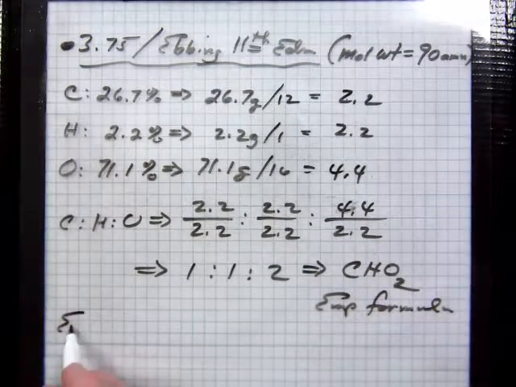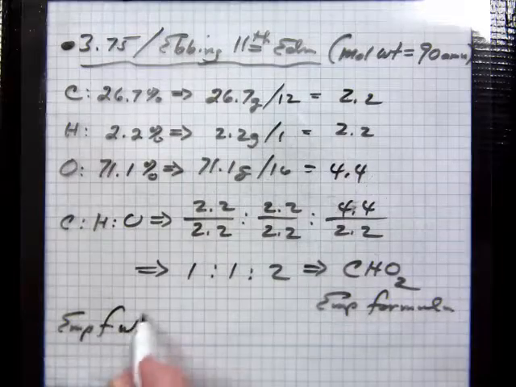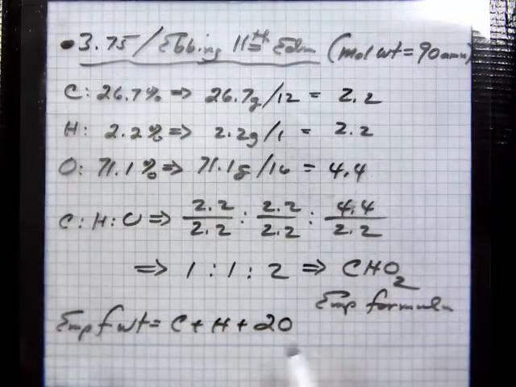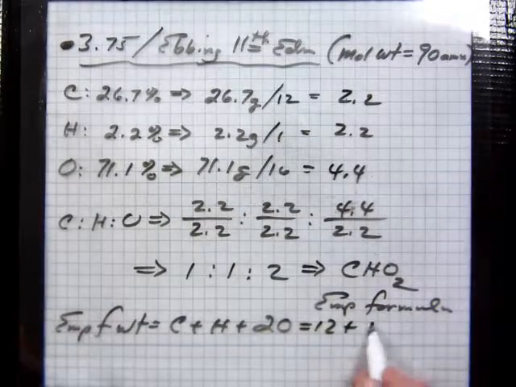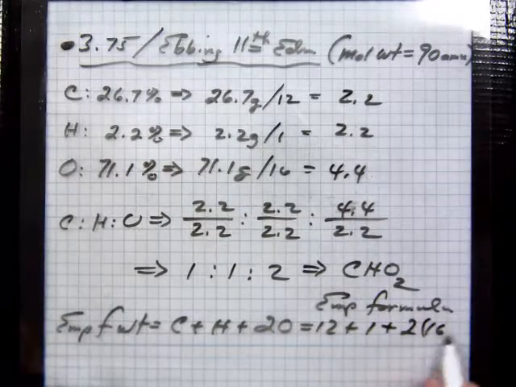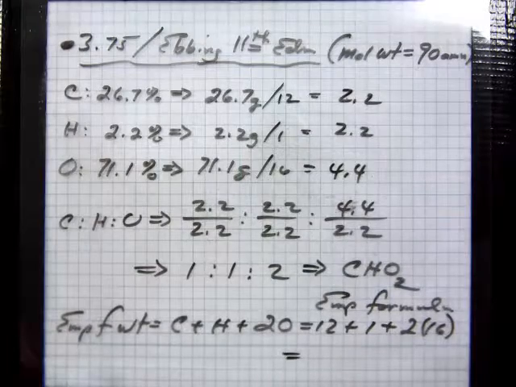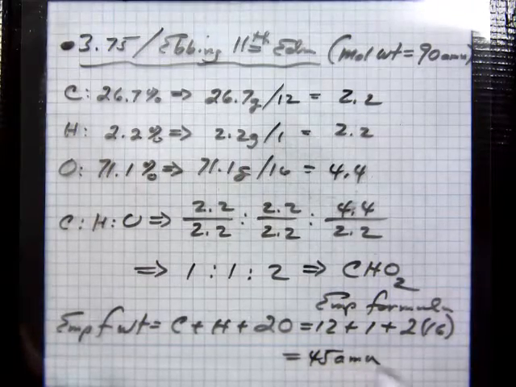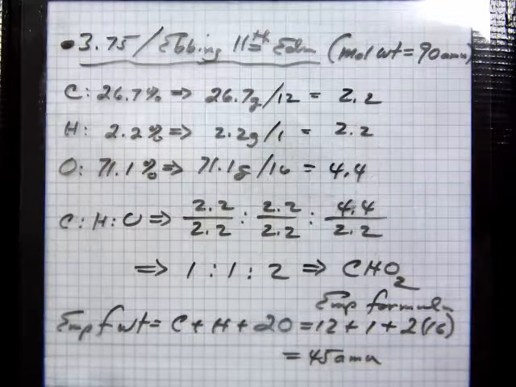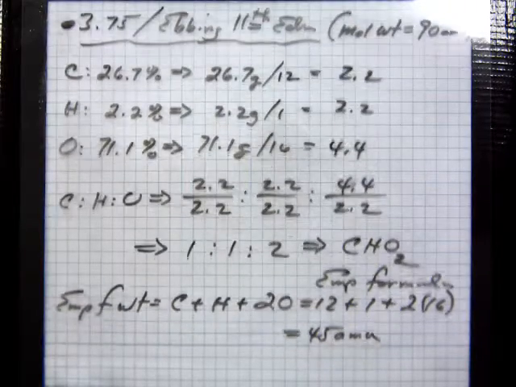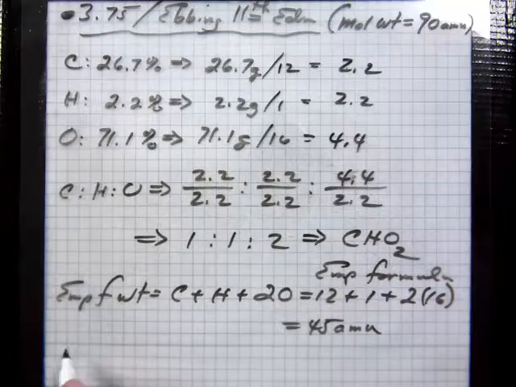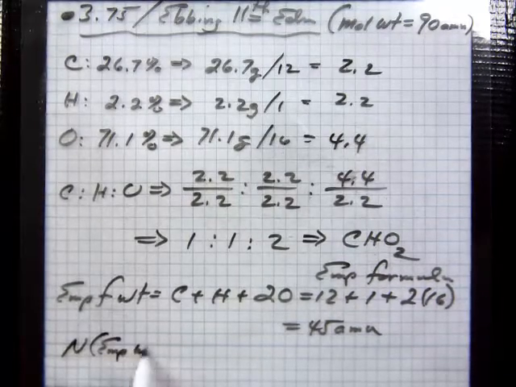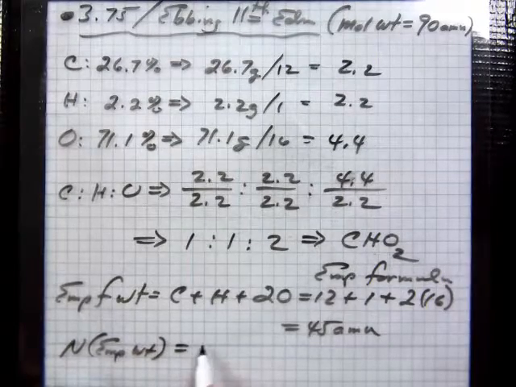So the empirical formula weight is carbon plus hydrogen plus 2 oxygens, which is 12 plus 1 plus 2 times 16 atomic mass units, which is 45 atomic mass units. That is your empirical weight. Now the N times empirical weight is equal to molar weight.